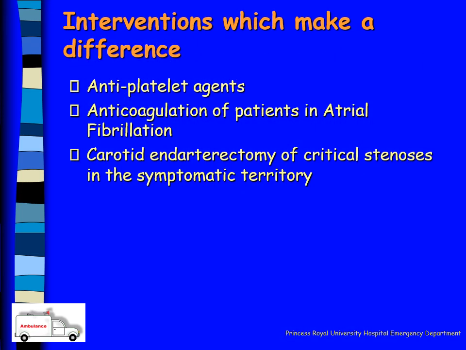So drugs which make a difference and treatments for TIA, they can start antiplatelet drugs such as aspirin, anticoagulation of patients who are in AF, and also carotid endarterectomy. These are not for us to start in ED unless they're that TIA patient who's had the TIA more than 7 days ago and is going to be seen as an outpatient, in which case you give them the 300 milligrams of aspirin.